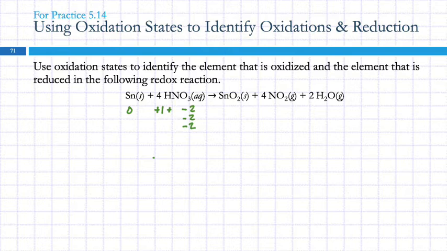It's got to be plus something so that all of these numbers add up to 0. Essentially, we're asking ourselves 1 plus x -2 -2 -2 equals 0. What is x? x is 5.